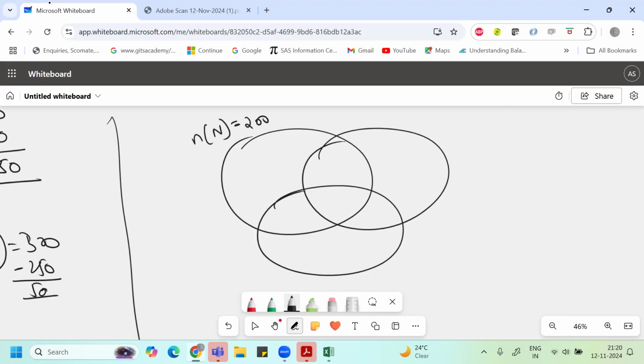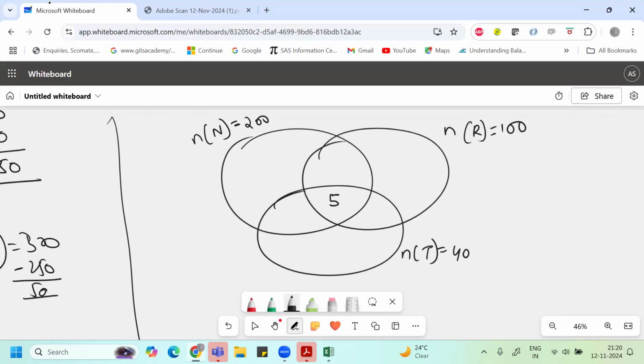Then radio is 100. Then N of television is given, Prideshni, as 40.